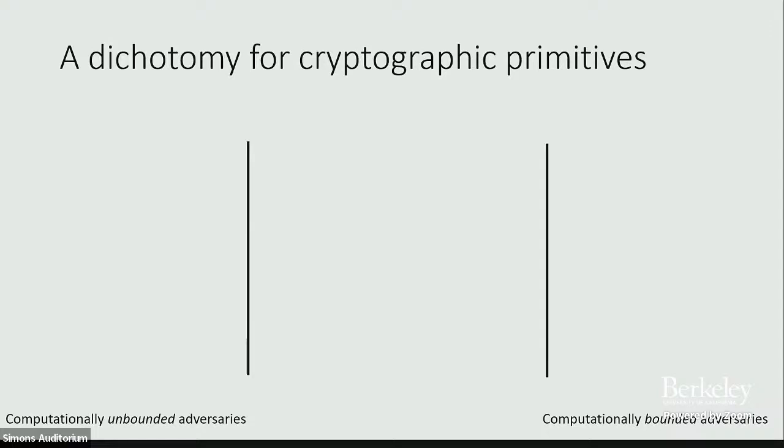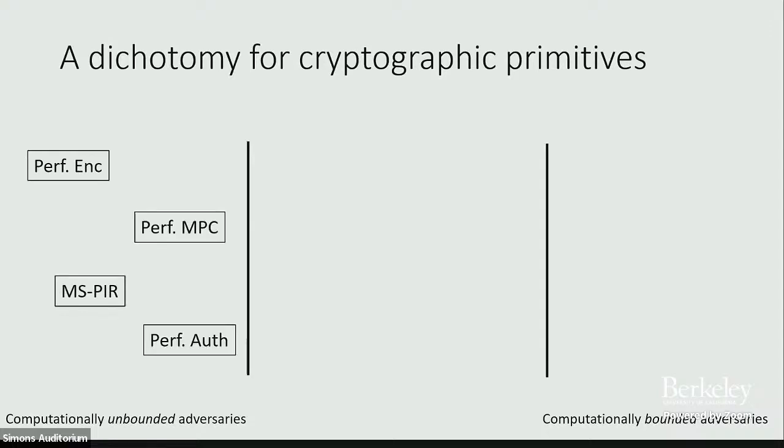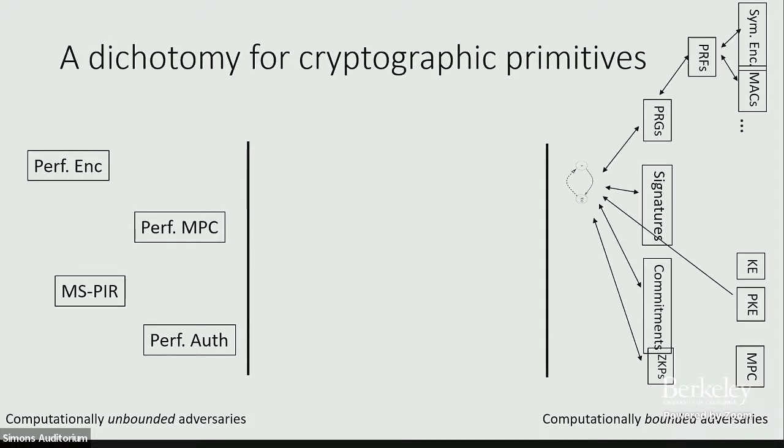But anyway, what is the dichotomy that by now we all know? There are all these things that we can do against computationally unbounded adversaries, information theoretic cryptography, we like to call it, and there is all this stuff that is computational, where, as I said, almost everything is implied by one-way functions. There are some renegades. There's IO, which is not clear. There are weakly verifiable puzzles that are useful, or CAPTCHAs, whatever.